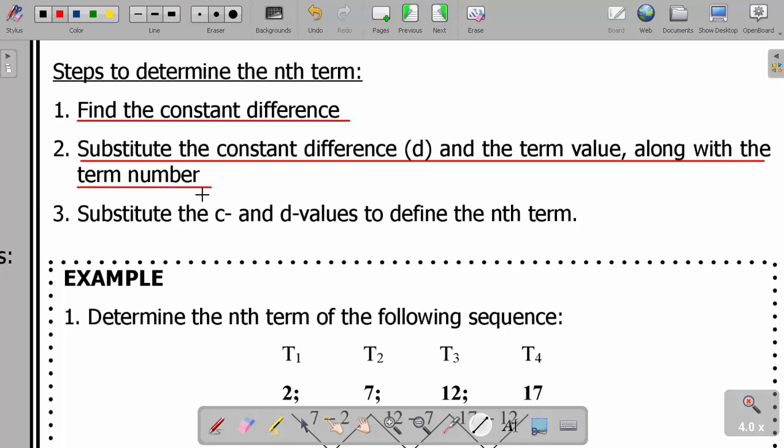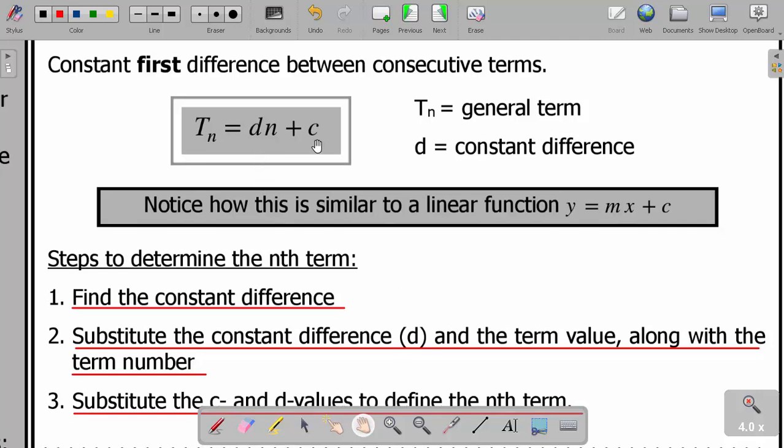And then from there, you find the C and D values to define the nth term, because we have said that our Tn for linear is given by Dn plus C. So after getting the values of C and D, you come back and substitute to get your general term.